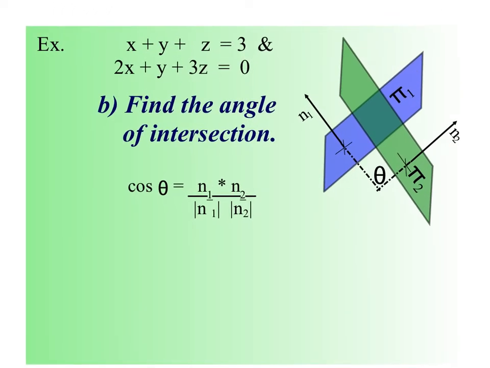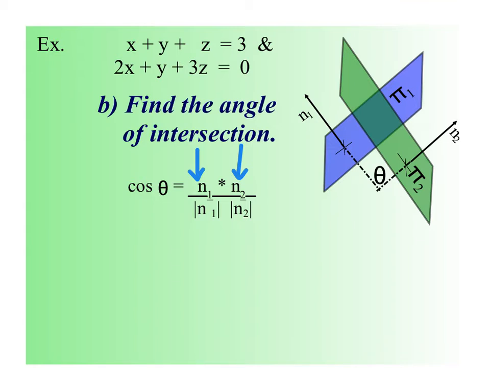All right, now the last thing we're going to do here is find the angle between the two planes. What I want to do is find the normal of each plane, the normal of the first and the normal of the second, and do the formula that we've been working with up until this point.